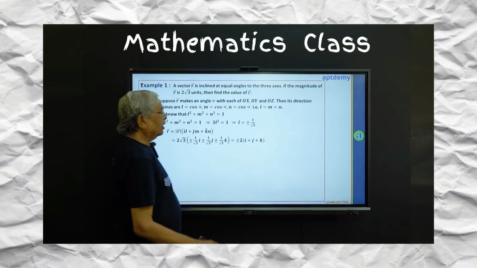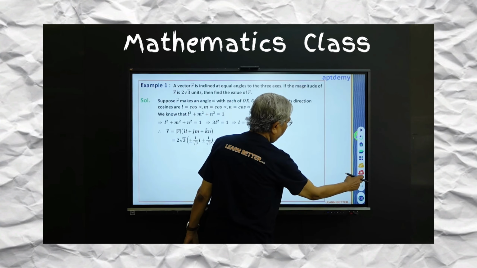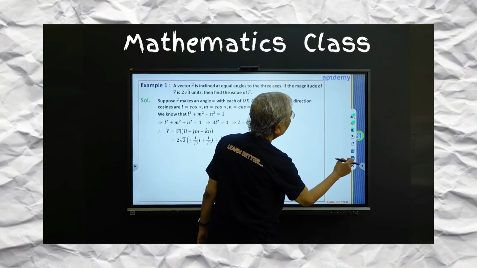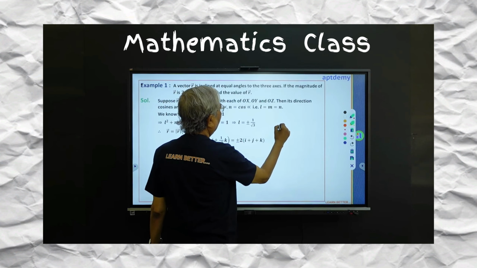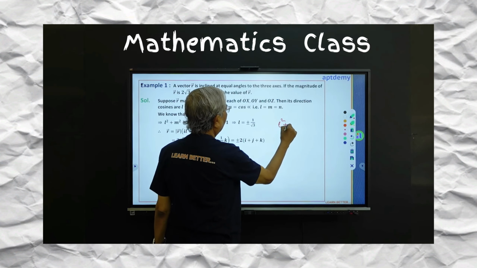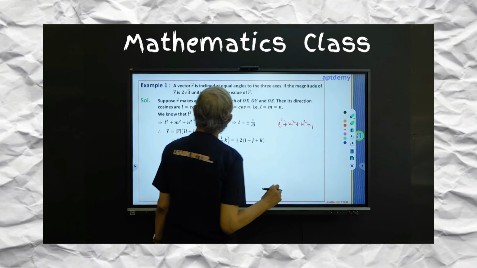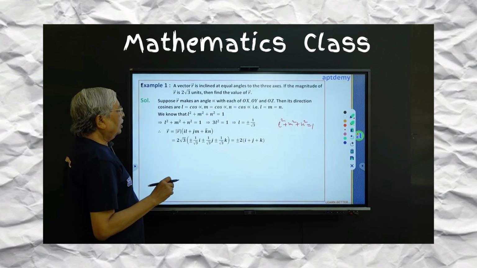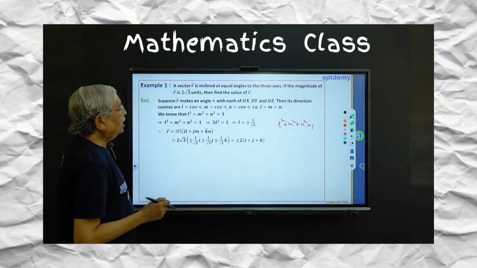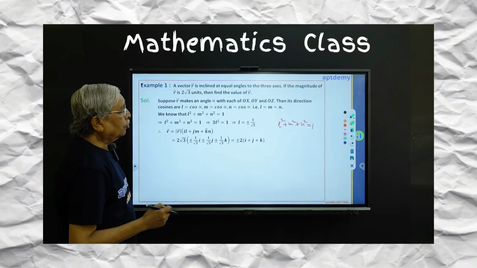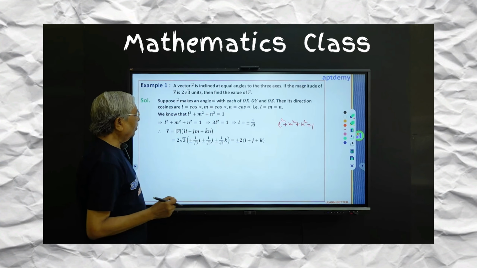Now you know that the property of direction cosines is L square plus M square plus N square equal to 1. We are given that L equal to M equal to N. Therefrom we will get L is equal to plus minus 1 by root 3, and therefore L is equal to M is equal to N is equal to plus minus 1 by root 3.